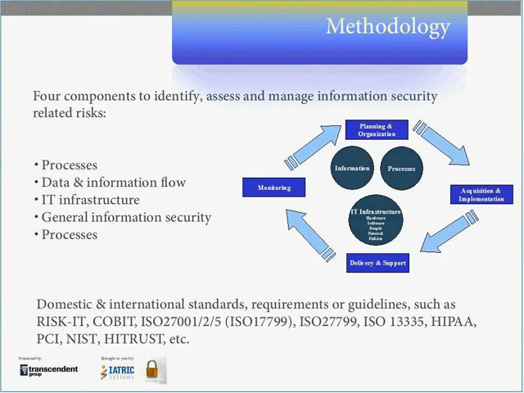And thirdly, we need to look at the IT infrastructure, how complex it is. And finally, we need to look at your general information security processes, how they work today. Are they decentralized, are they centralized, etc. So based on this information, you can identify different key risks.